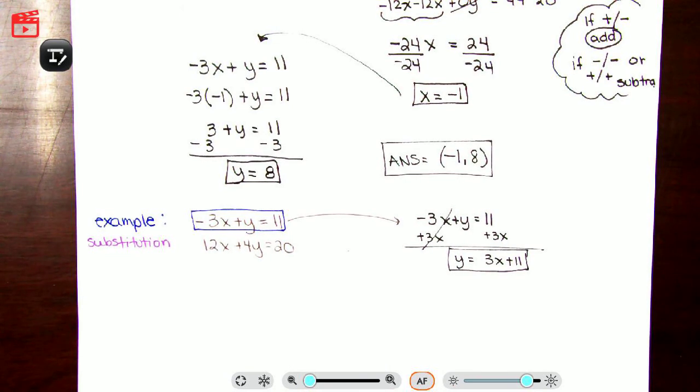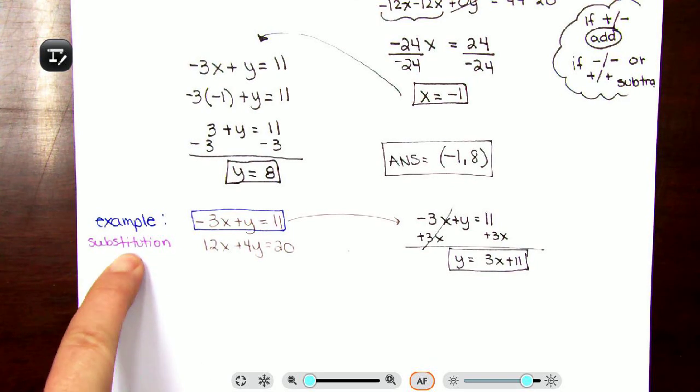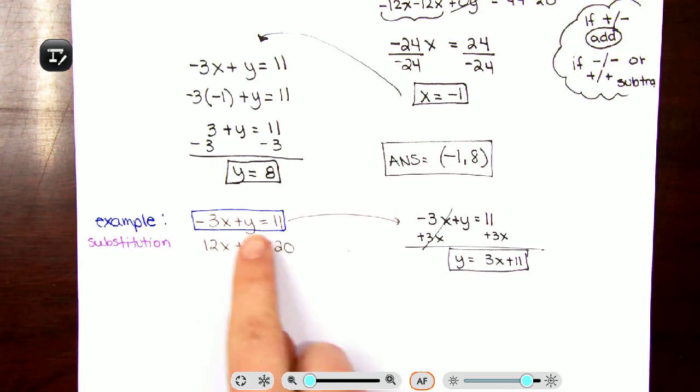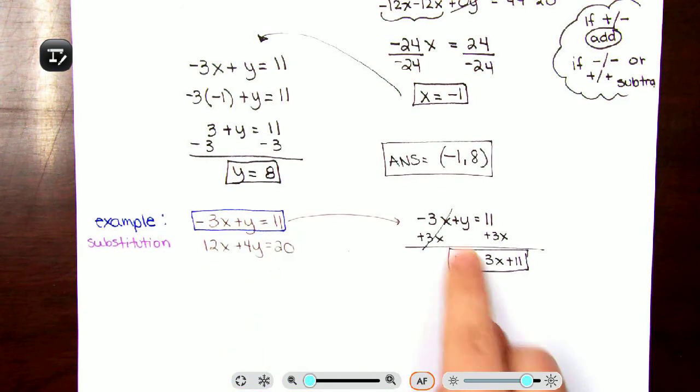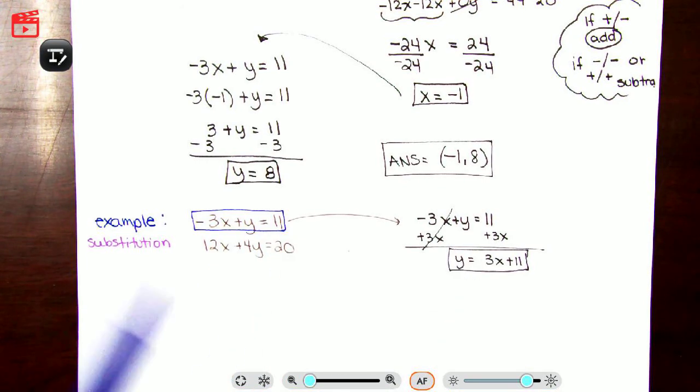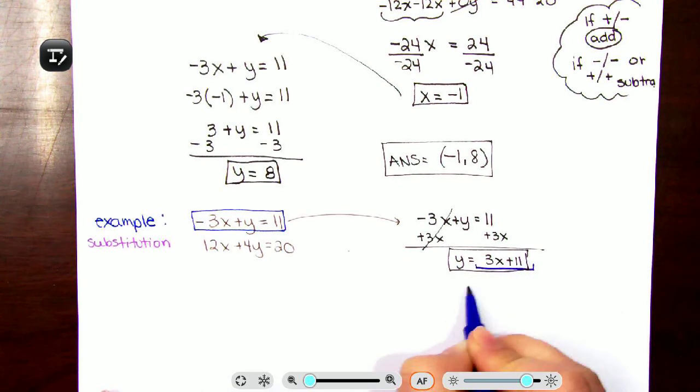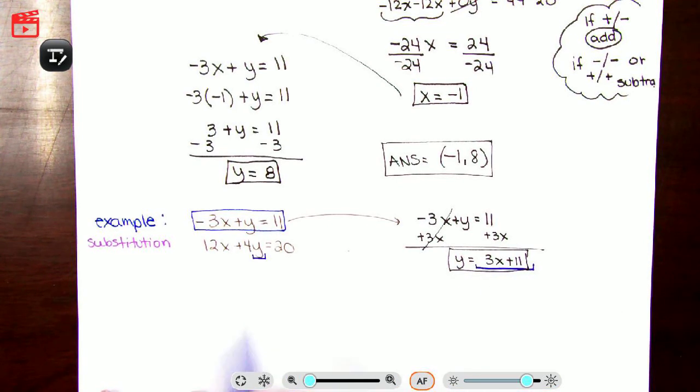So we're not really creative with the way we name things. So guess what we're going to do in the method called substitution? Exactly, we're going to substitute. So the reason we chose an equation and we solved for a variable is because we need to substitute this right here into our other equation to solve for the other variable.